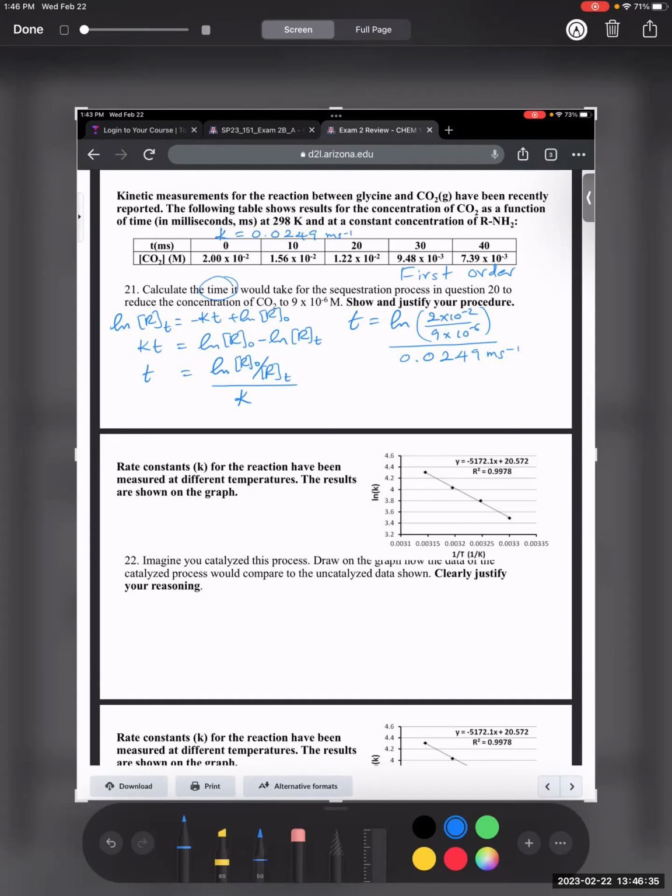It's around 7.71. And wait, we're not done yet. We need to divide this by the rate constant, 0.0249, to get the time. We should definitely double check these calculations. All right, I got around 309.5.